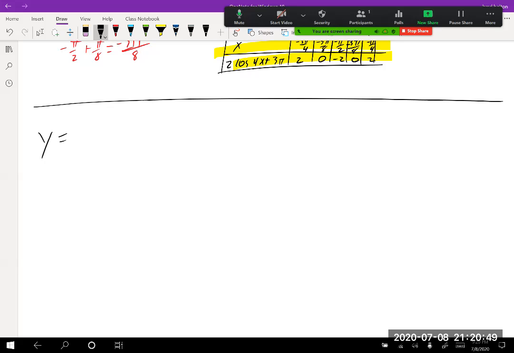y equals tangent of x over 2 plus pi. So I told you guys that if you want to talk about the phase shift, you have to write y equals tangent, and you have to pull that 1/2 out.